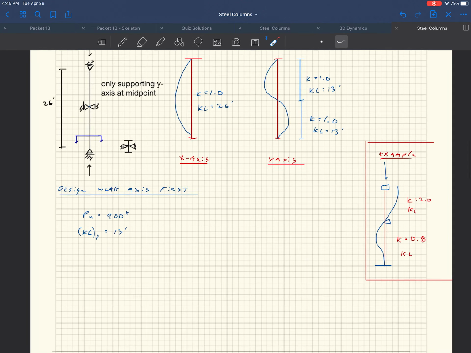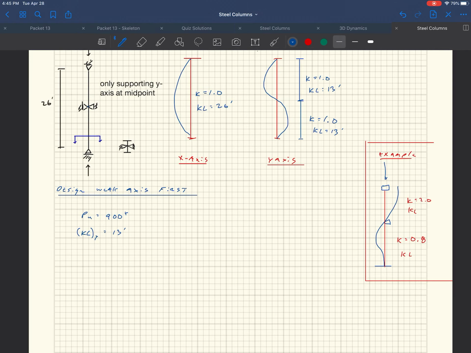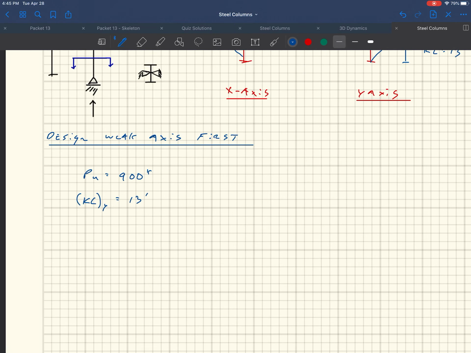Okay, and so we come up here and we say, yep, this results in a W12x87, and this gives us a phi Pn equal to 954 kips. And so that is the design for the weak axis. For the weak axis, it would say you need a W12x87.